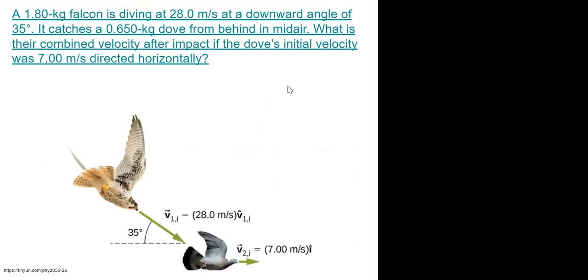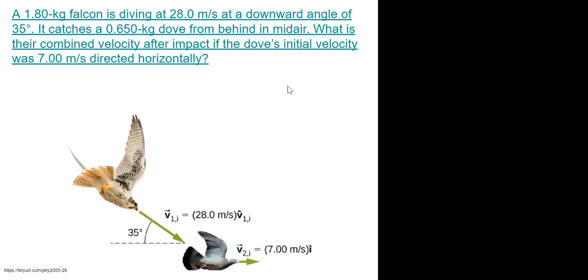We can take a look at this example here. It says a falcon is diving at 28 meters per second in this direction, at 35 degrees with the horizontal. So that means it's below horizontal in that direction. It catches a 0.65 kilogram dove, which is flying in this horizontal direction, with its initial velocity.